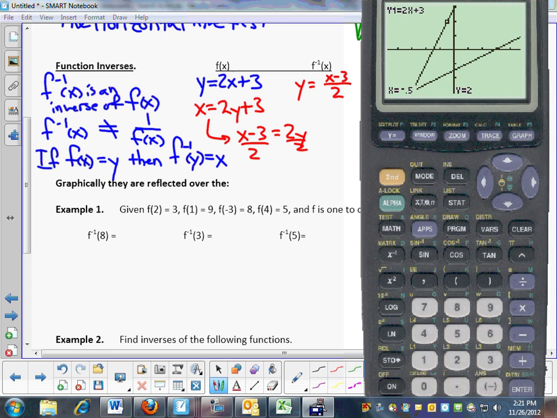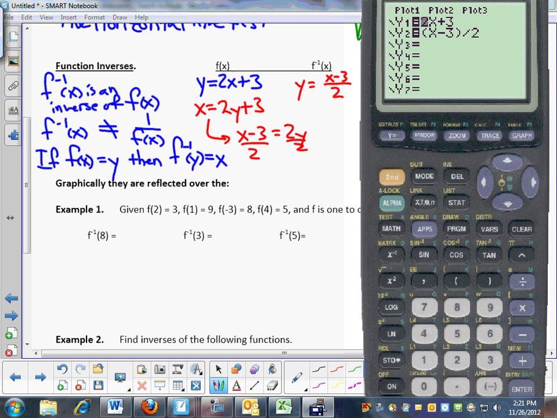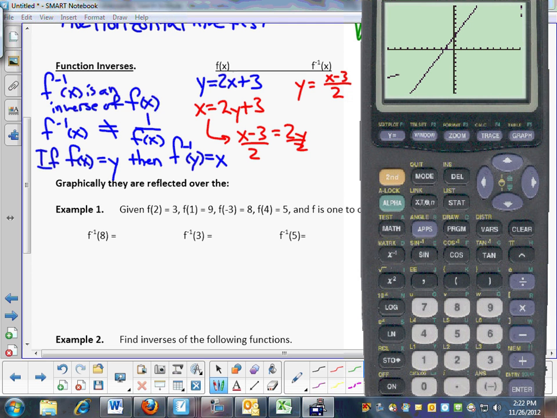And here's the other piece. Let's go back into y equals. And for your third one, type in x. And let's make it bold so that it stands out. And then let's zoom in a standard viewing window. Let's go zoom 6. So there's my first one. There's the inverse, and there's the line y equals x.